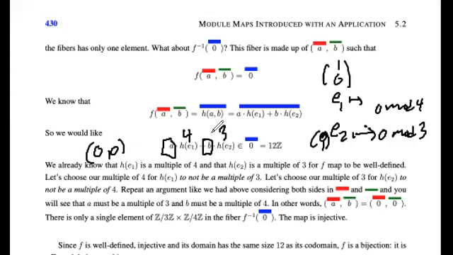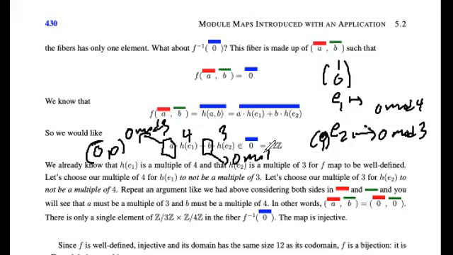So choosing a multiple of 4 and 3 showed it was well defined. But do we have to have any other condition here and here to make sure that A and B are 0? So 0 in the first mod would be 0 mod 3. So we want A to be 0 mod 3, and we want B to be 0 mod 4.